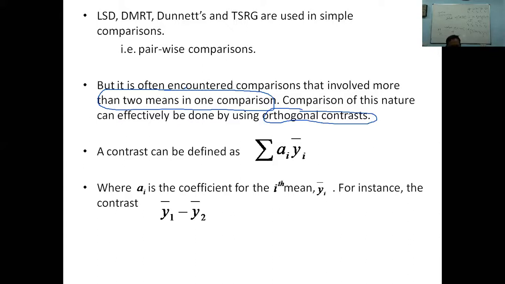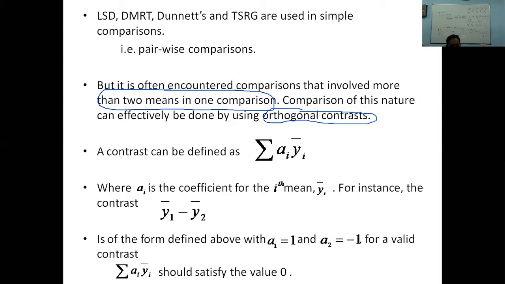For instance, the contrast y1 bar minus y2 bar is of the form defined above, with a1 as 1, because look at what is the coefficient given for y1 bar. So here the coefficient is 1 because no value is there. So here also there is a coefficient which is minus 1. The a2 coefficient is minus 1. So addition of these two coefficients should give a value 0, right?